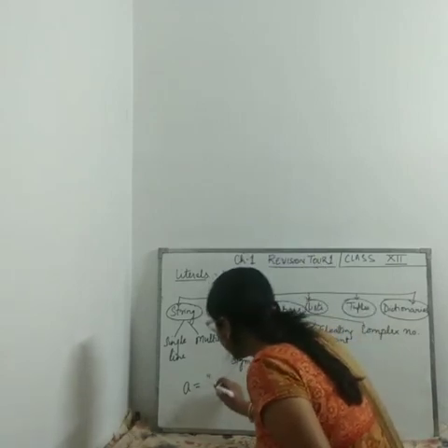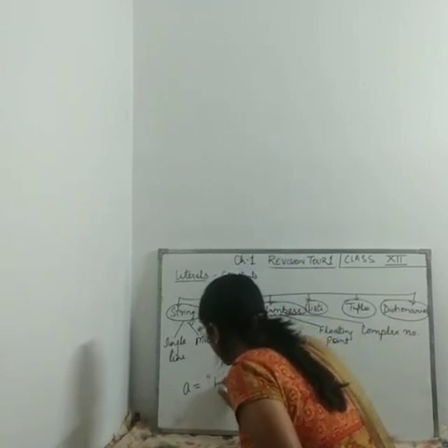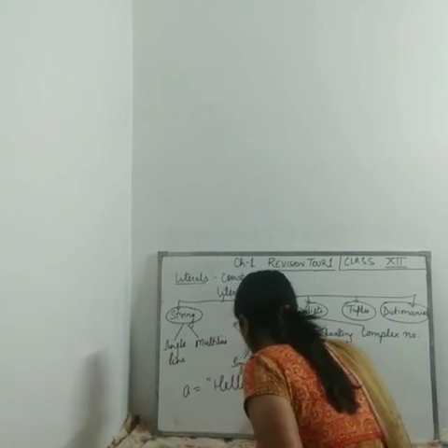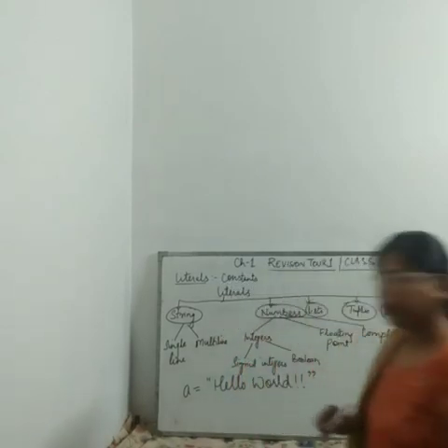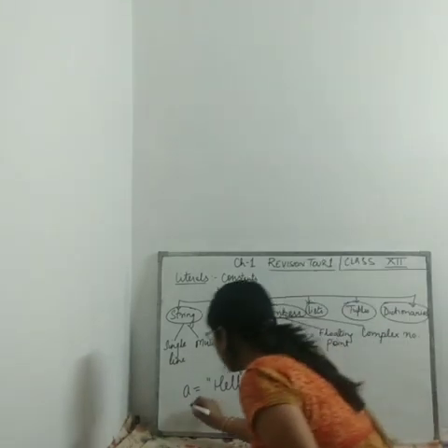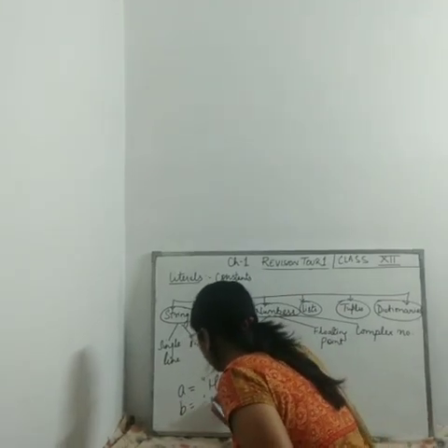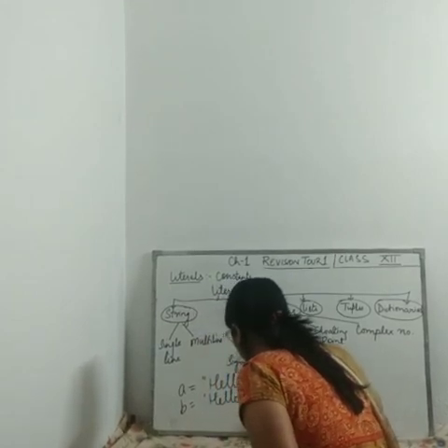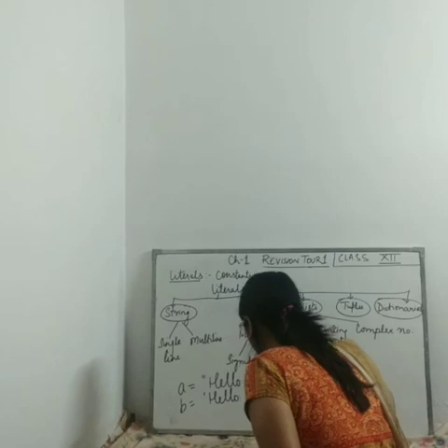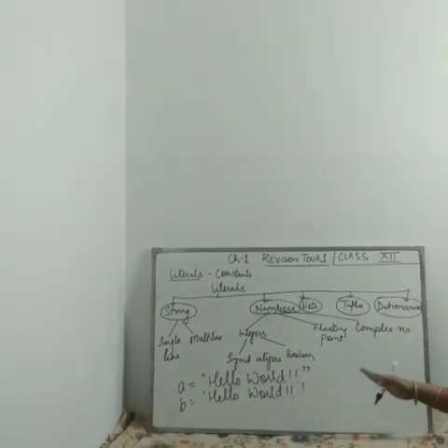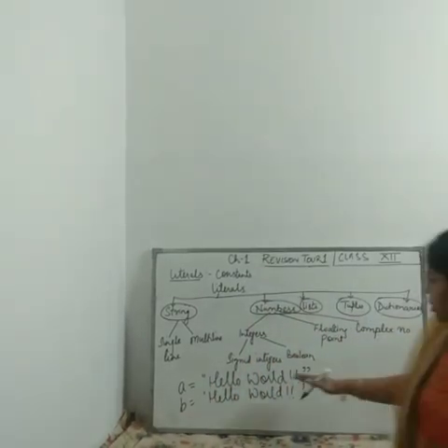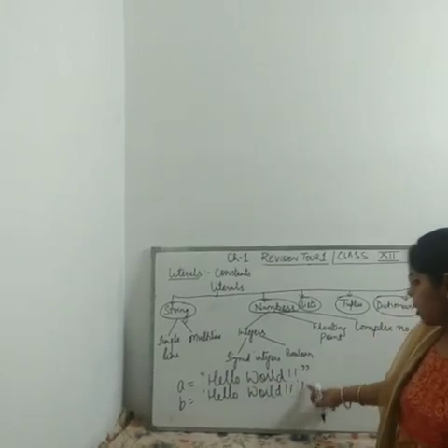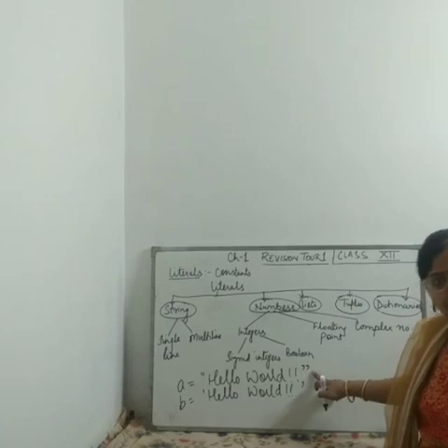So a string is like A equals hello world, or it can be written as B equals hello world. They both mean the same thing over here. So we can write a string in single inverted commas or double inverted commas as well.